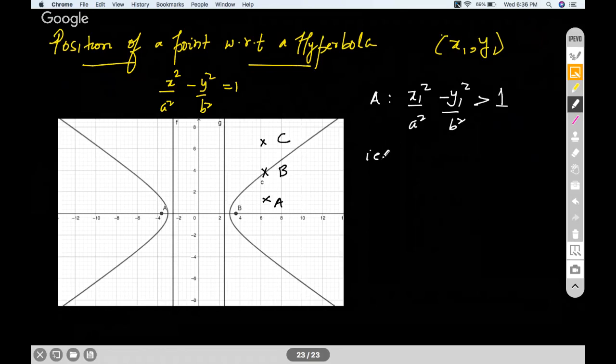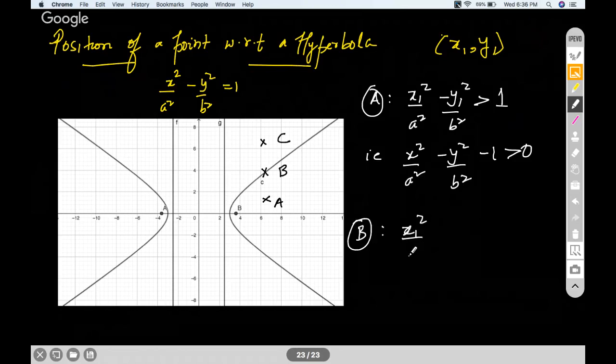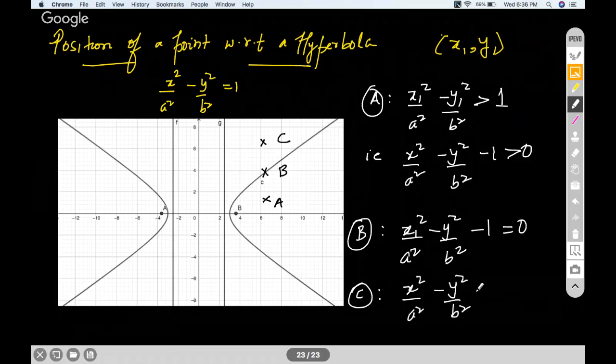That is, x square by a square minus y square by b square minus 1 will be positive. If it is at situation number B, then you would realize x1 square by a square minus y1 square by b square minus 1 will be equal to 0. And if it is at position number C, x square by a square minus y square by b square minus 1 would be less than 0.